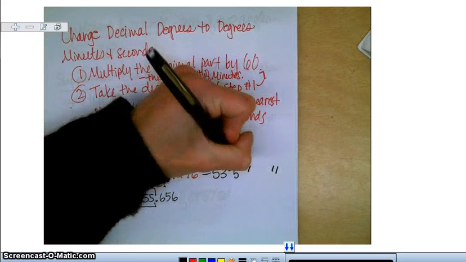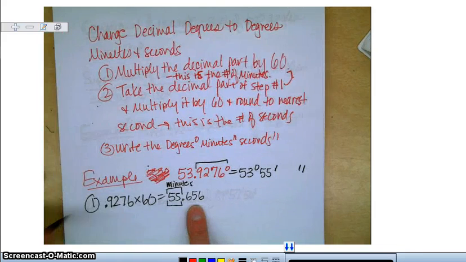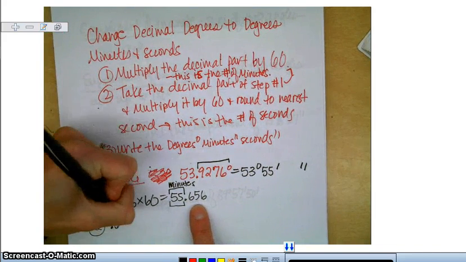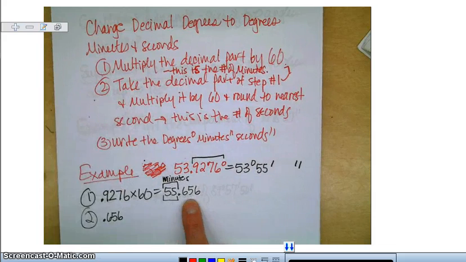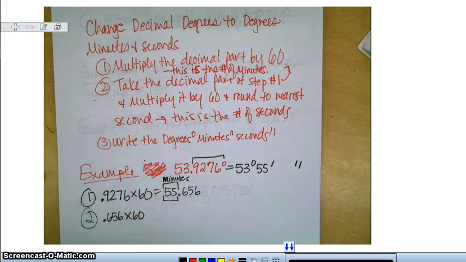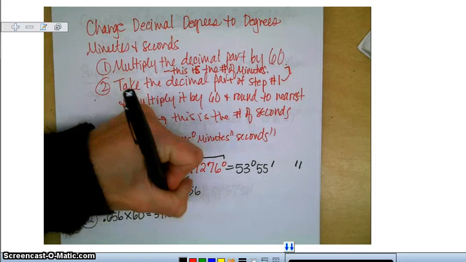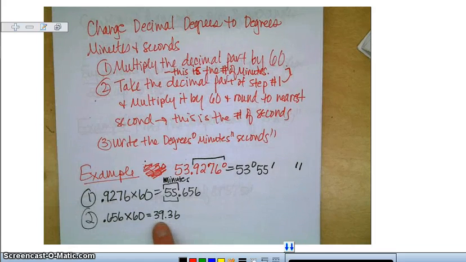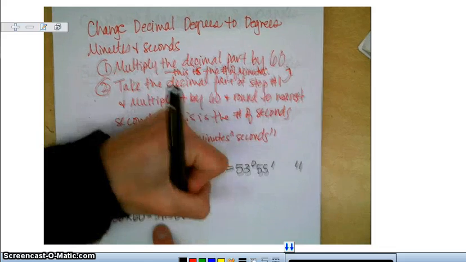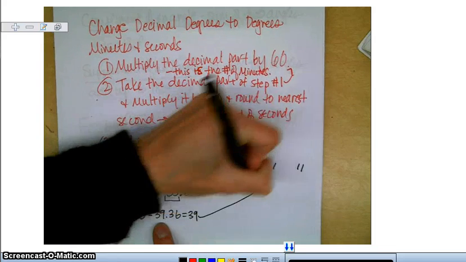That's the minutes. Step 2 now, take the decimal part of step 1, 0.656, and multiply that by 60. So 0.656 times 60 gives me 39.36. Round that to the nearest whole number, which would be 39, and that becomes the seconds.